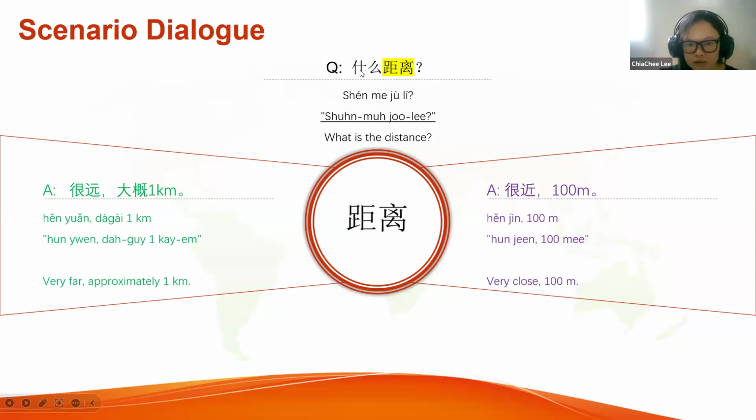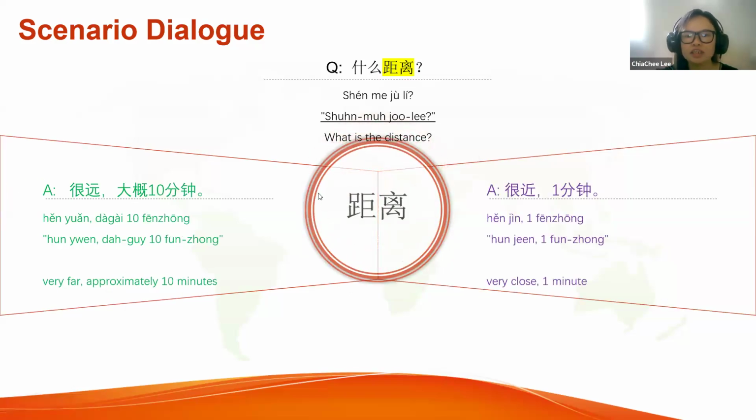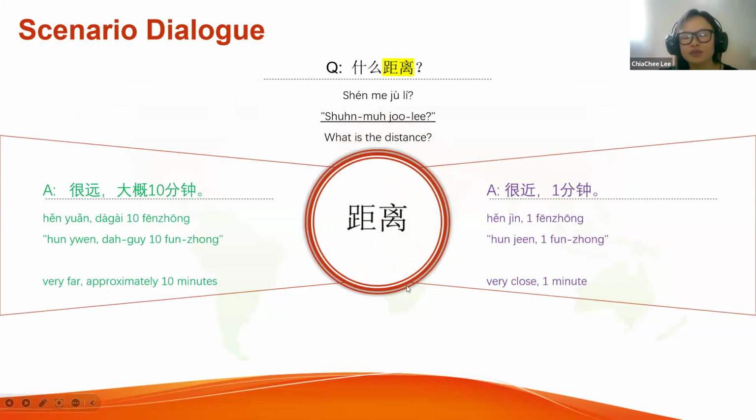So when we are checking out on 什么距离, we can say 很远, 大概1 km, or 很近, 100米, 100 m. Is understandable.